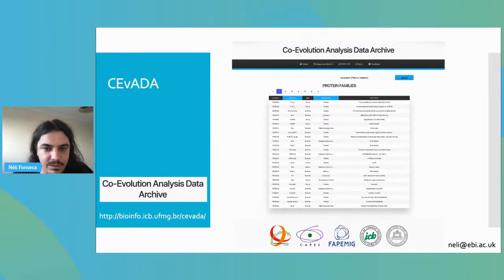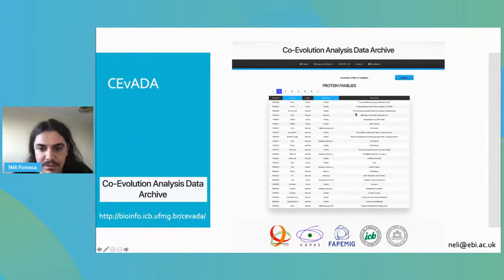So in this project, we developed a database of covariation patterns in protein families. This is the home page. You can navigate through the families, search by a Pfam ID or a UniProt ID, or even a sequence here using the HMMER Search API.